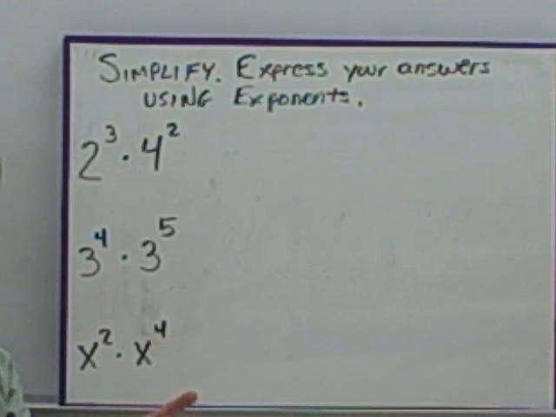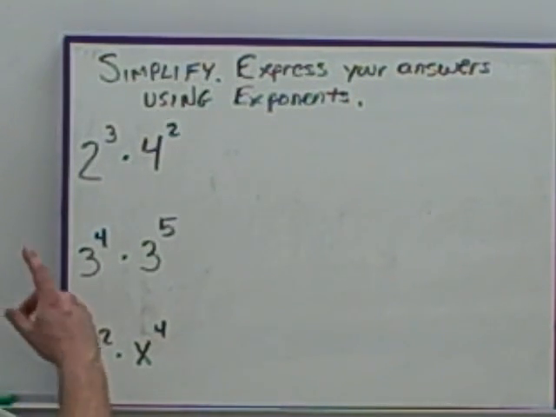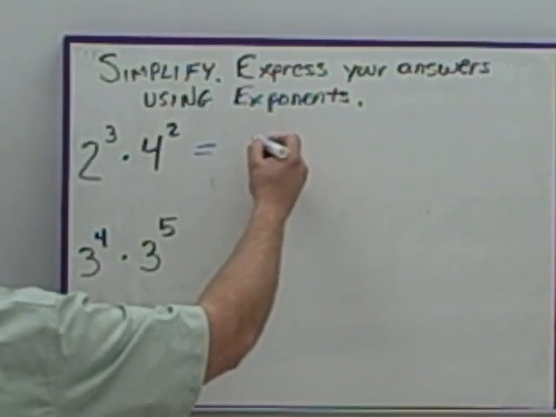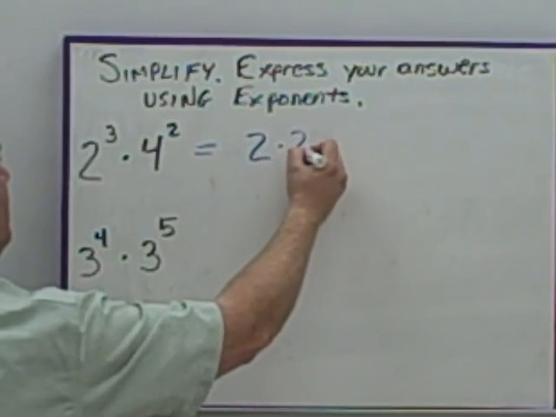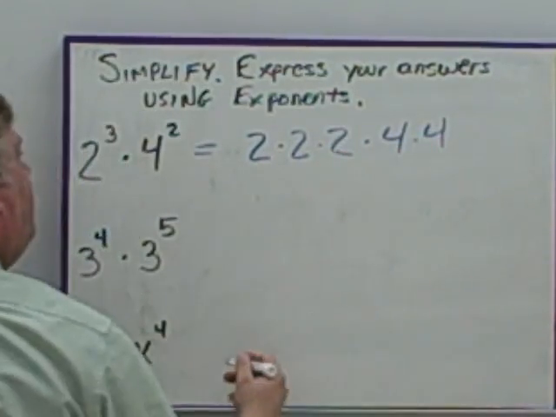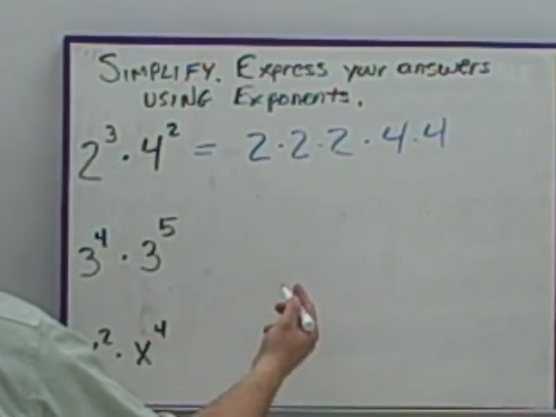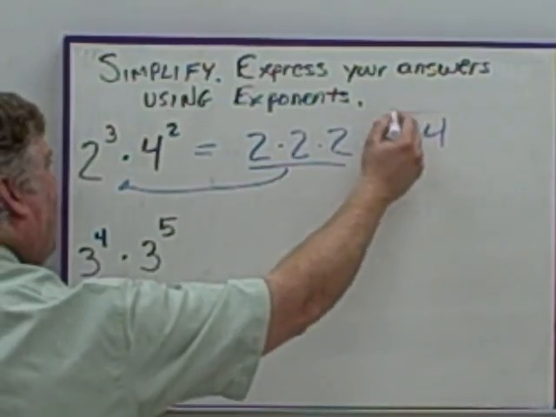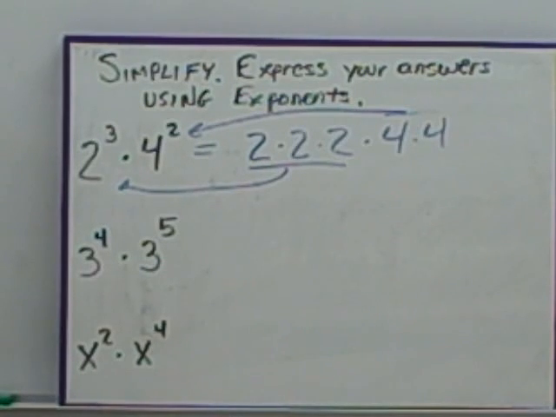It's not just plain simplify. Just plain simplify would mean multiply it all out and get your final number as an answer. Here they're asking us to simplify and express using exponents. Okay, now for this first one here, this would be 2 times 2 times 2 times 4 times 4. To simplify using exponents, we would just end up going straight back to what we started with.